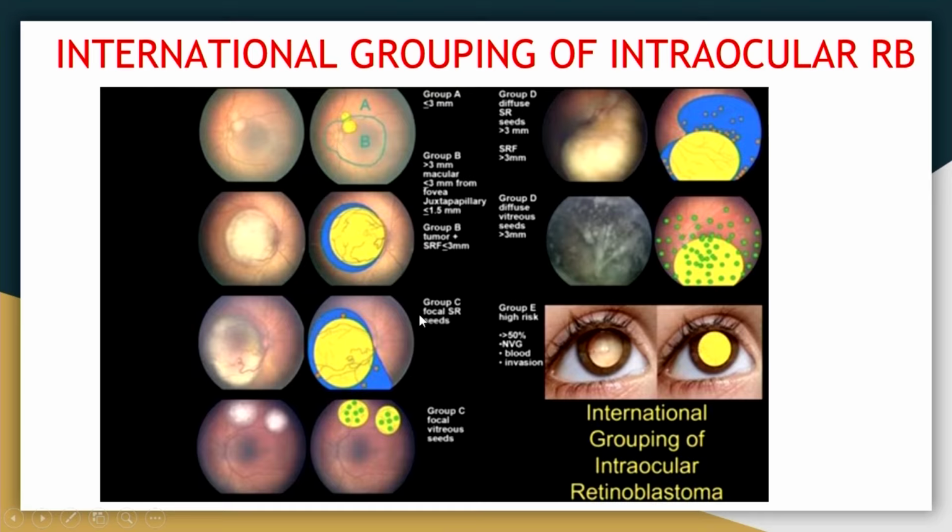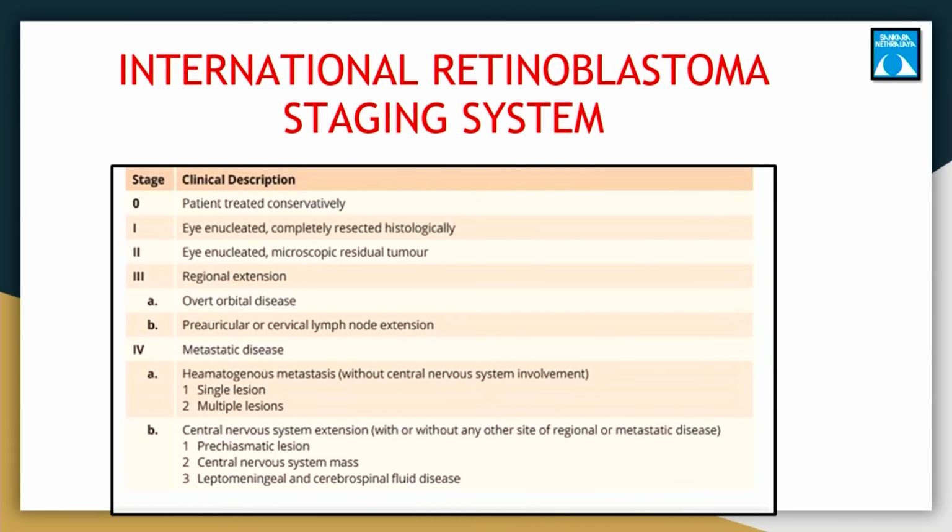Group C are those having focal subretinal or vitreous seeds. Group D is that having diffuse vitreous or subretinal seeds. And Group E, as in our case, might be seen in those patients with neovascular glaucoma, those with anterior hypopyon, and those having scleral invasion or orbital RB, which would require an enucleation.